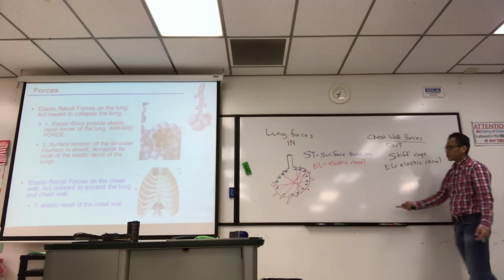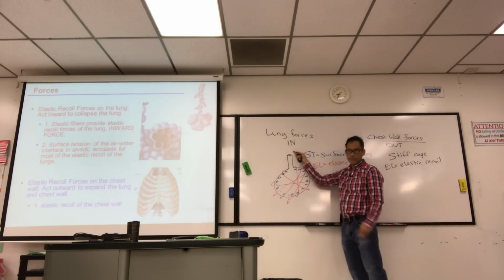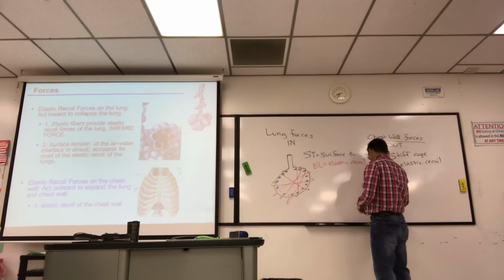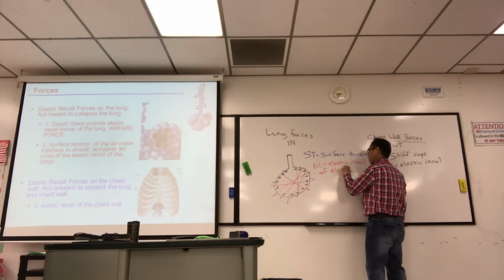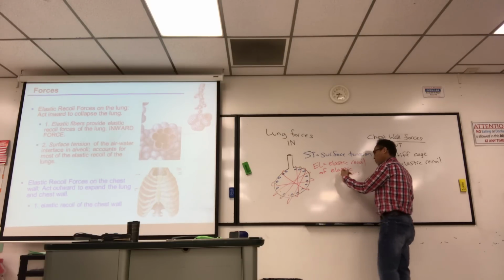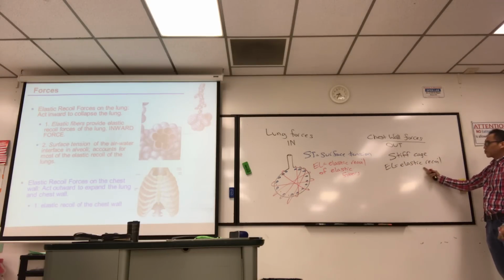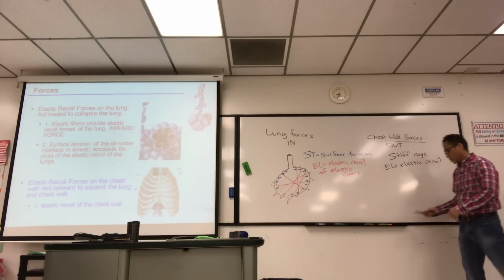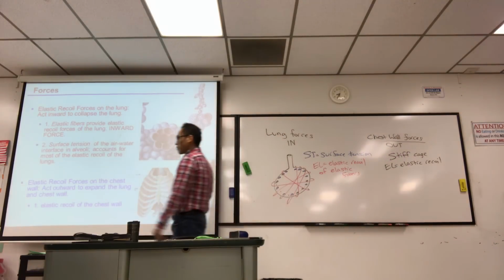We just say the elastic recoil due to the elastic fibers here is a force in, makes it collapse. So you got rubber band fibers collapsing in lung, but you got the stiff cage is an elastic recoil in the opposite direction. So it's out versus in, and the question is, which force is greater, the force out or the force in?